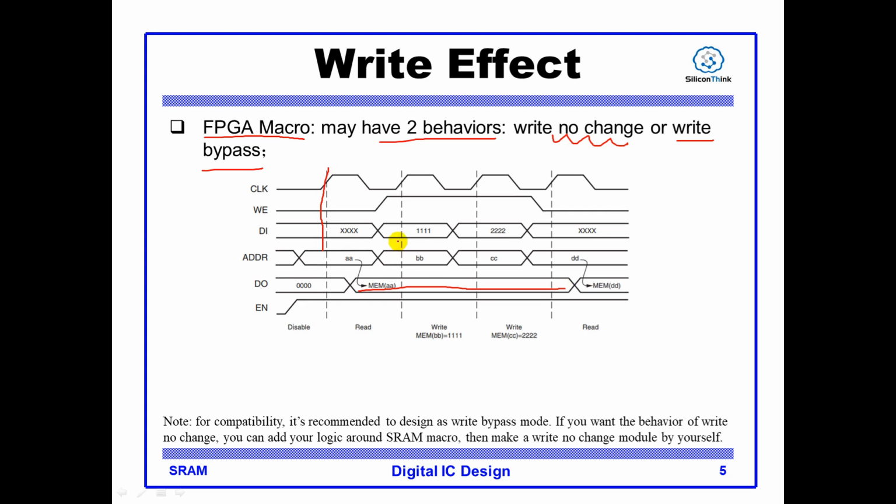The D out will keep even if there is a write operation. Yes, this is a write operation, and the write data will not bypass to D out. So this is called write no change.